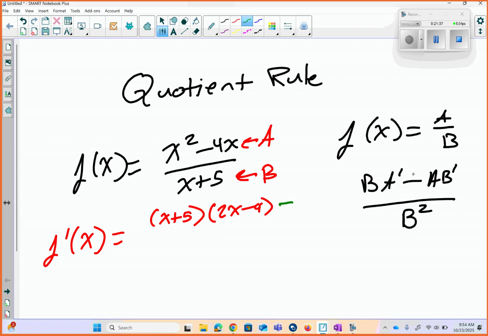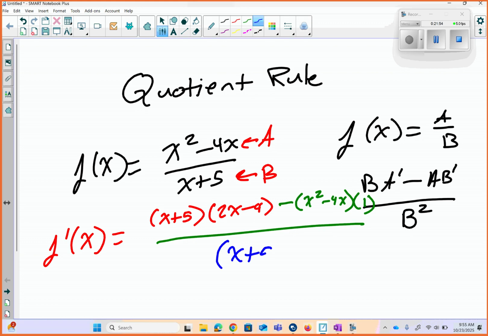I'm going to take the A value, which is x squared minus 4x, times the derivative of the bottom. The derivative of the bottom is just 1. And then I divide it by the entire denominator squared. So that's the derivative that is not cleaned up.